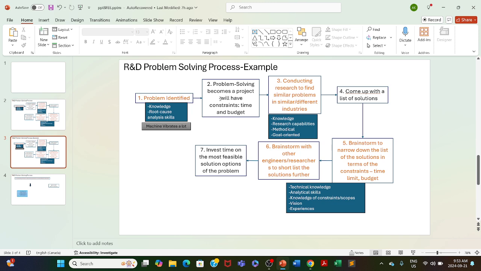And here I will have a certain time and a certain budget that I can allow for solving this problem. So I cannot invest infinite time or effort on solving this problem. I will actually have a target or goal. For example, say there is X level of vibration and I want to reach Y level of vibration.